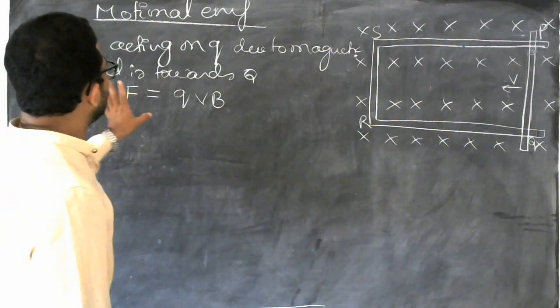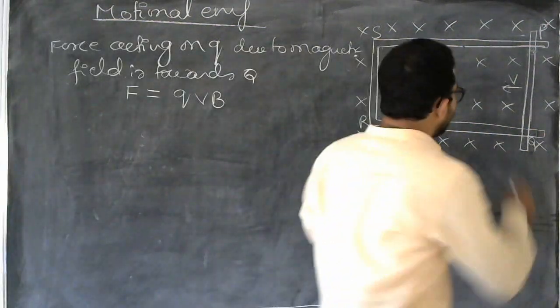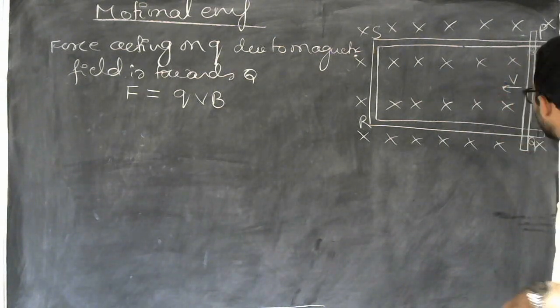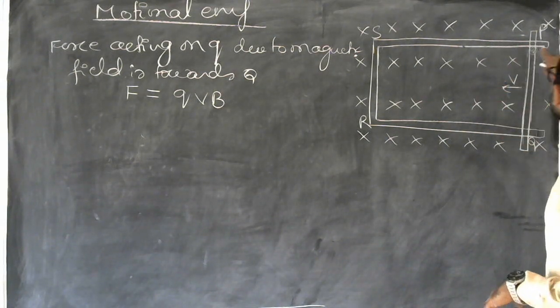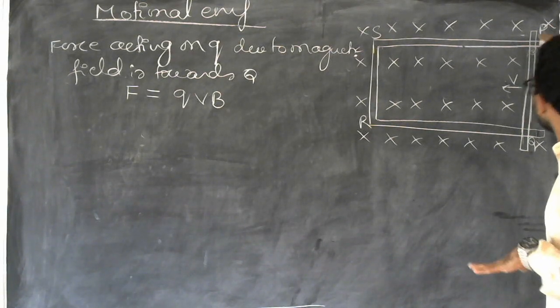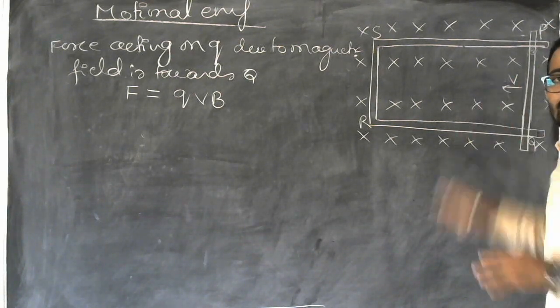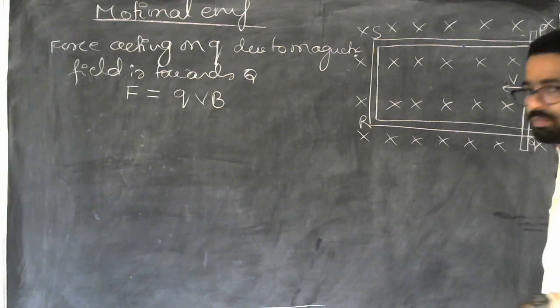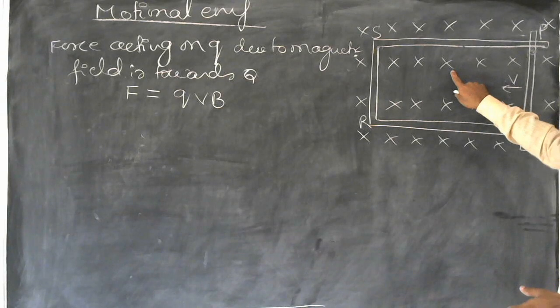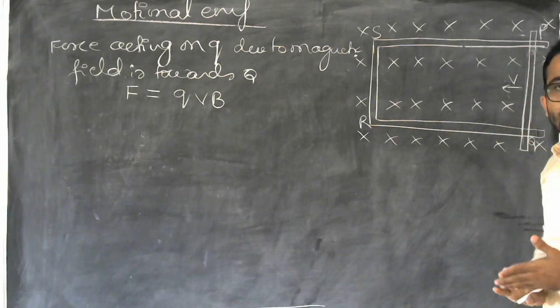Now we got the force. So there is a force acting on this charged particle due to this magnetic field, which is along this direction. That is why this charge will move from the side P to Q. Then, what is the work done by this magnetic field on this charge?